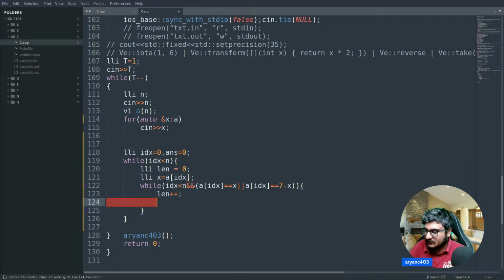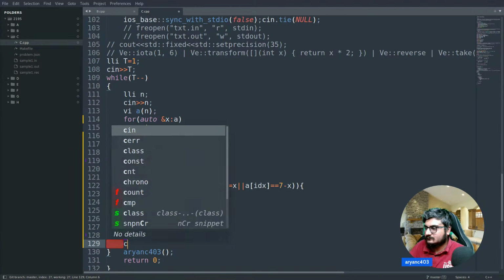You increase length by 1, IDX plus 1. And whatever block size you have gotten, you have to add its half to the answer.